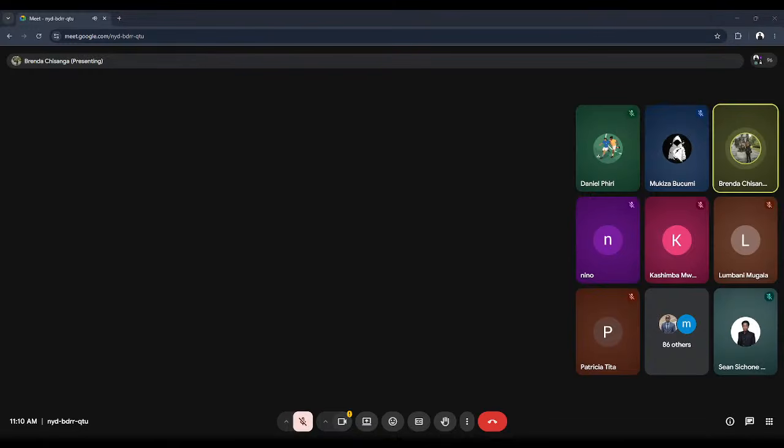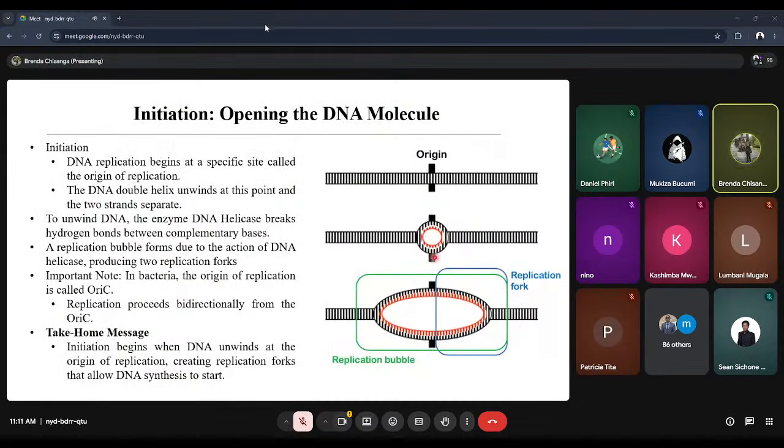For example, if this was the initial strand of DNA and this is all the genetic material in that cell, only a specific region, a small region, or a short segment is going to be open. And there's a good reason for that. We can discuss that as we go on. But for now, we're trying to say replication starts at the origin of replication. When replication starts at the origin of replication, keep in mind, it is not the entire region that is open. No, it is only a short segment of that DNA molecule.